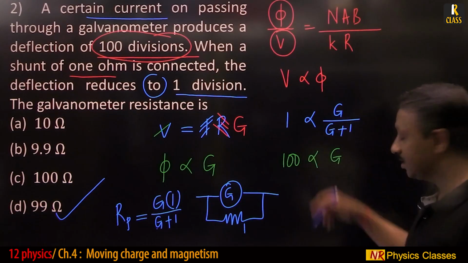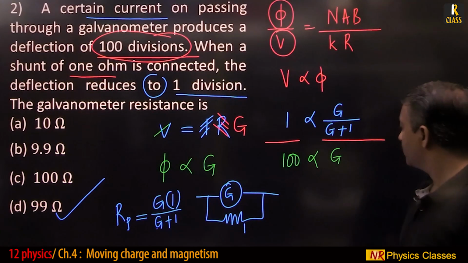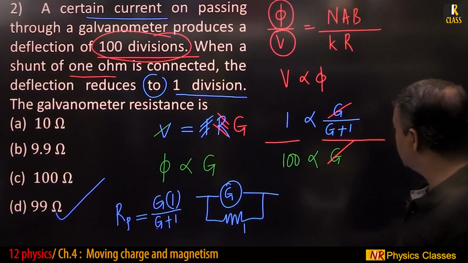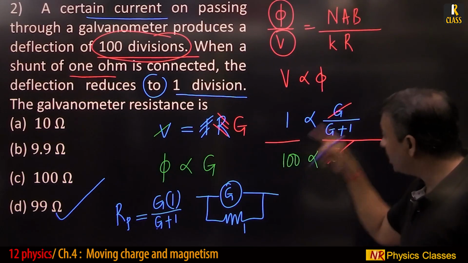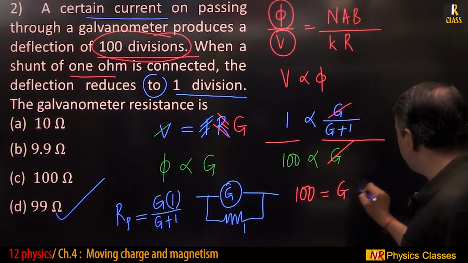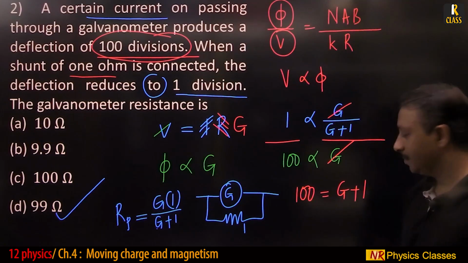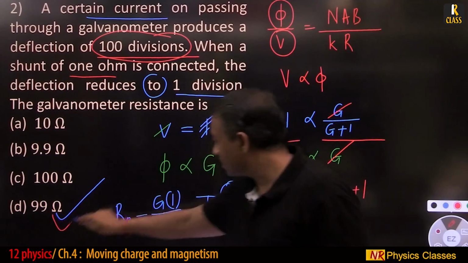Now I have two equations. Divide one by the other. G cancels with this G. 1 by 100 is 1 by G plus 1. Therefore 100 equal to G plus 1. If this is the case, then G is 99.